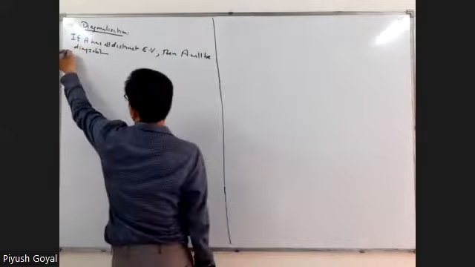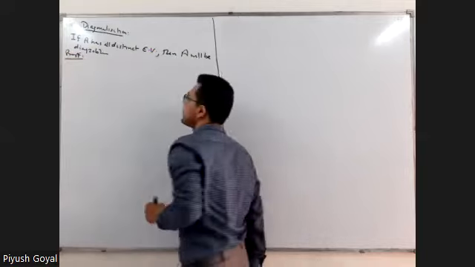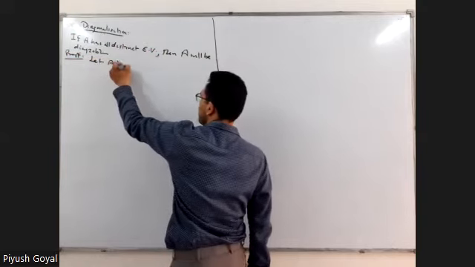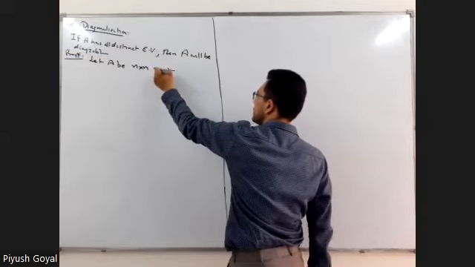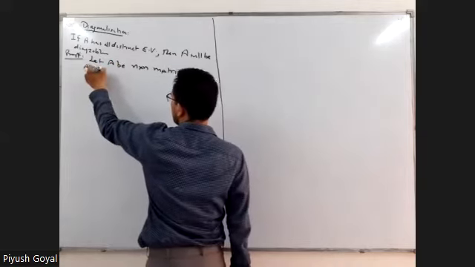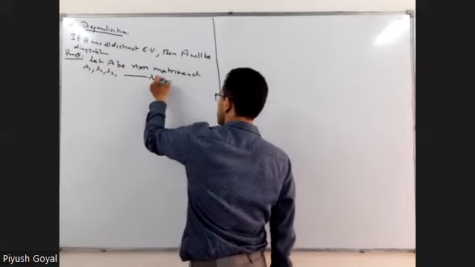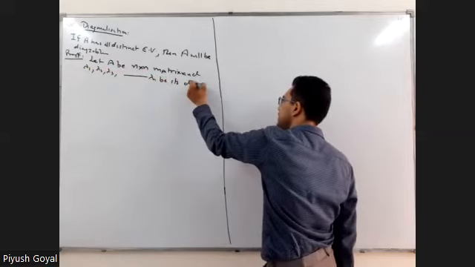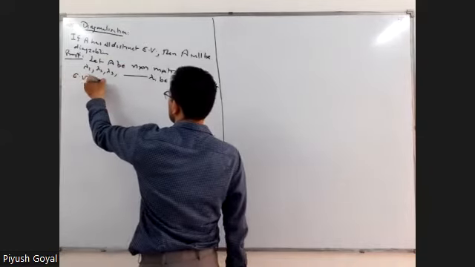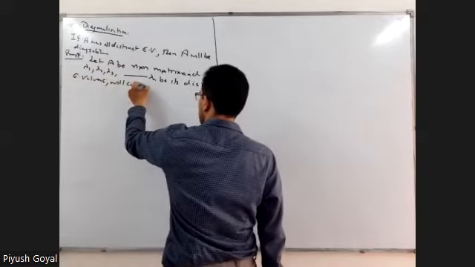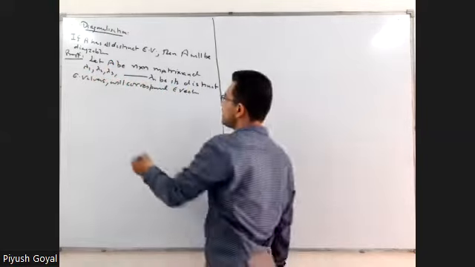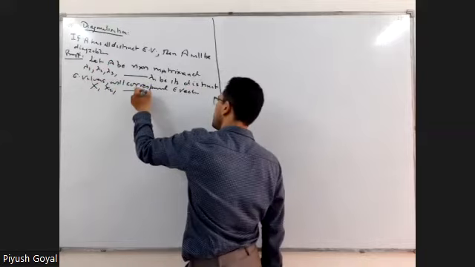Let capital A be an n cross n matrix, and let lambda 1, lambda 2, lambda 3 up to lambda n be its distinct eigenvalues, with corresponding eigenvectors x1, x2 up to xn.